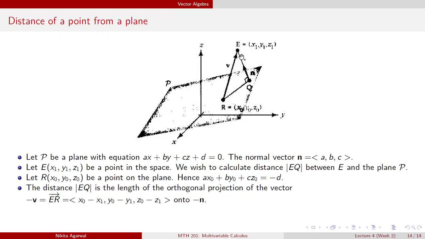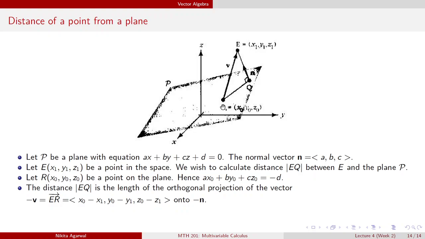So minus v and minus n meet at this point, and this angle, which is REQ, is the angle between them. So what is the orthogonal projection of vector minus v onto minus n? What is minus v? Minus v is the vector ER, the negative of v.